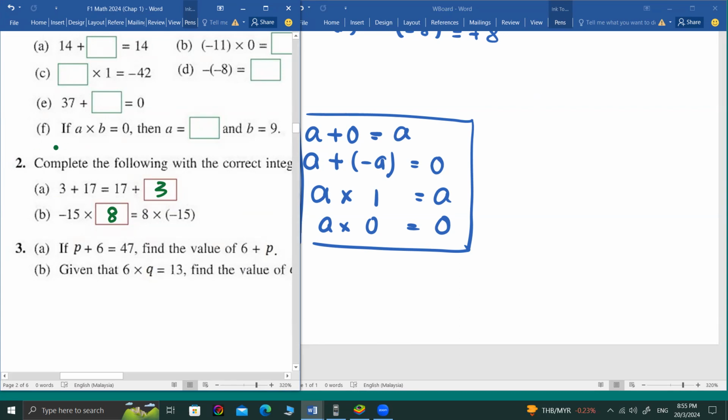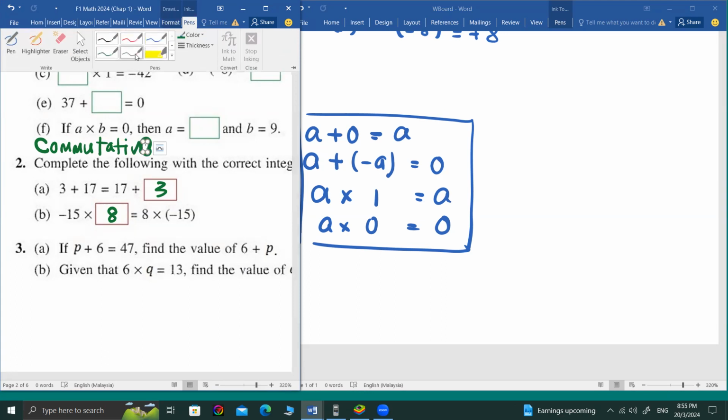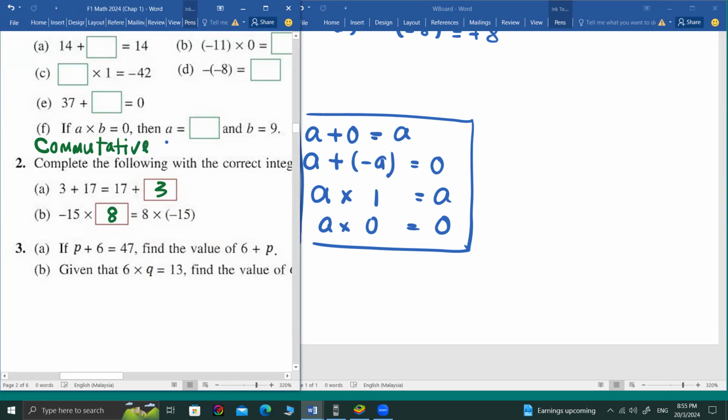Can write somewhere. For number 2, 你要写在这边也可以, up to you, or find some space. This is commutative law.